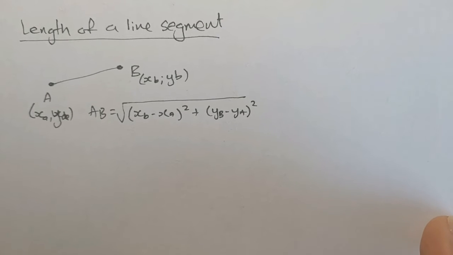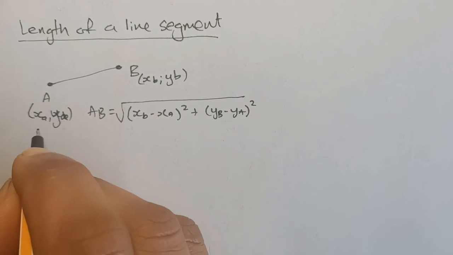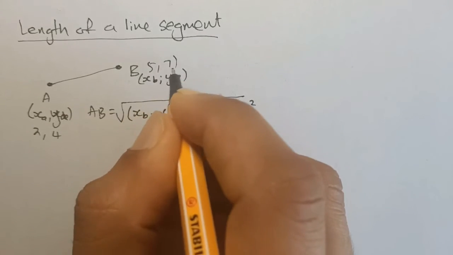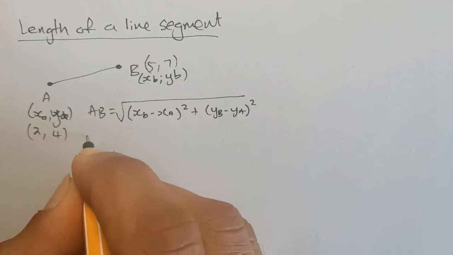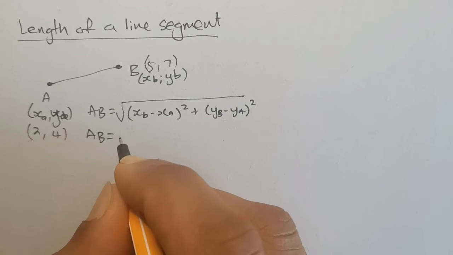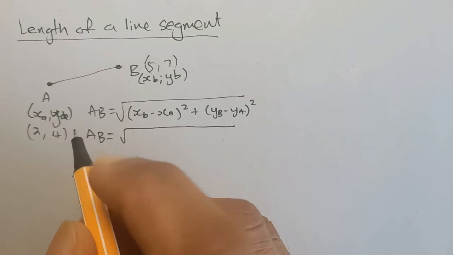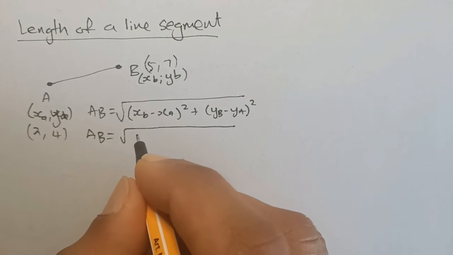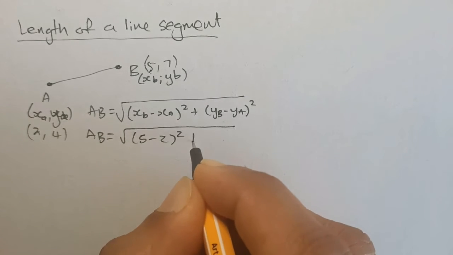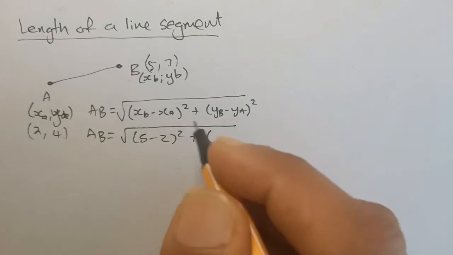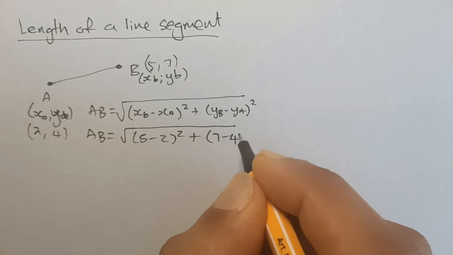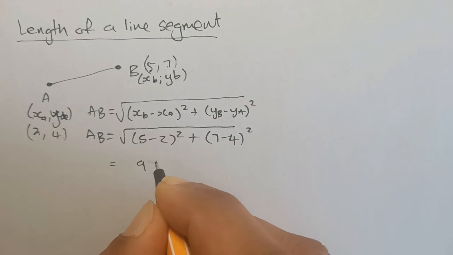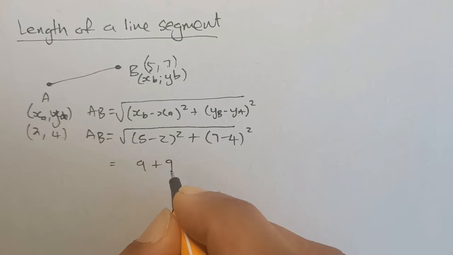So with that in mind, we can give values. For example, let's say A is (2, 4) and B is (5, 7). Then the length of AB will be given by, remember it's XB minus XA, so we start here with 5 minus 2, plus 7 minus 4. We square each term: 3 squared, which is 9, and 3 squared as well, which is 9.